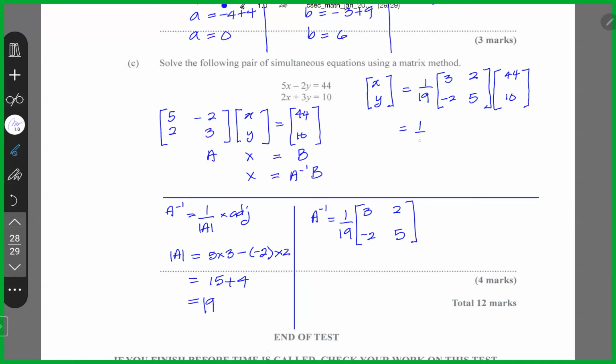Let's multiply the matrices together. 3 times 44.